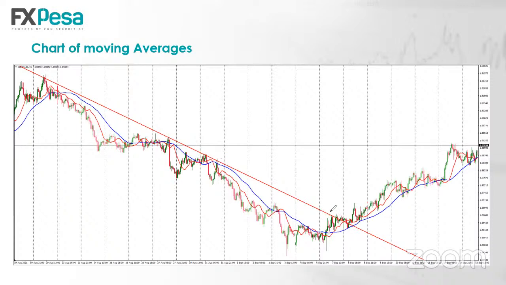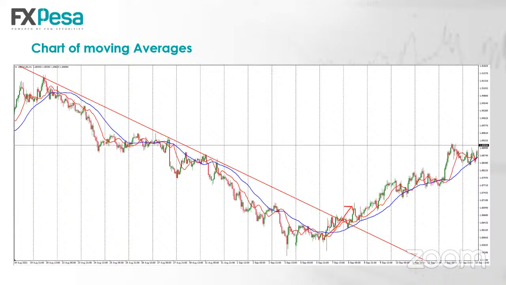Now, there are sometimes when you want to use as much proof as possible. So here we have the price maintaining above the moving averages, the price breaking the trend line, as you can see here. But you still need some more additional proof. So you want to add another indicator, which is the momentum.